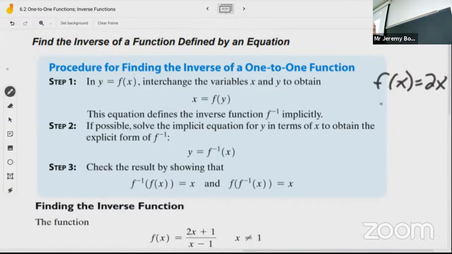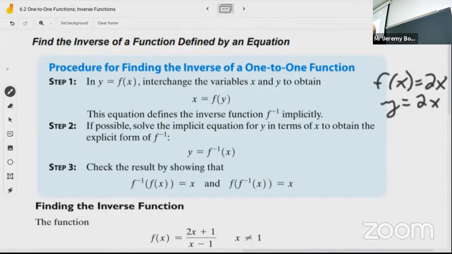So the y is just the same thing as f of x. So this is the same thing as y equals 2x. So we rewrite the function, get rid of the function name, and just replace it with y. So if there's g of x, instead of g of x, you write y. h of x, instead of h of x, you write y.